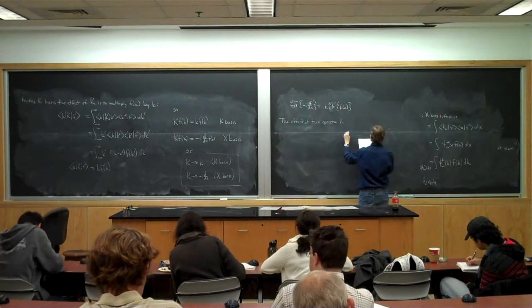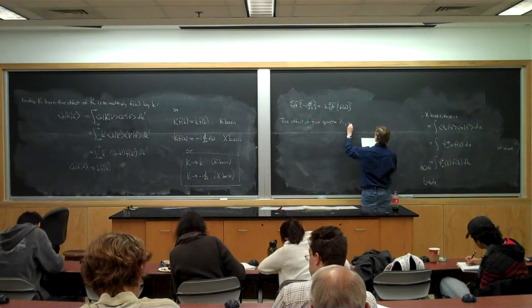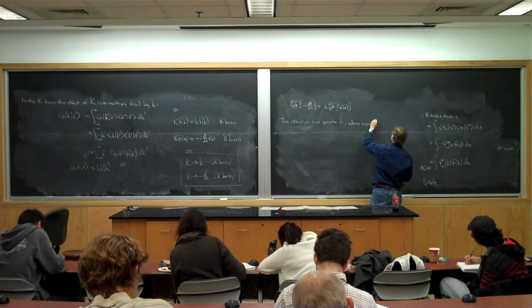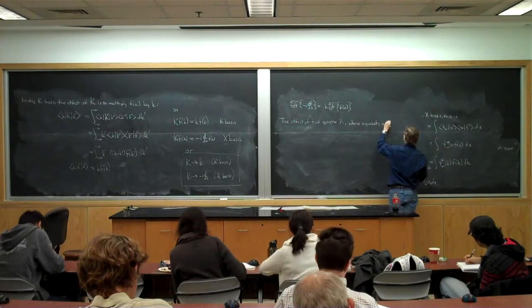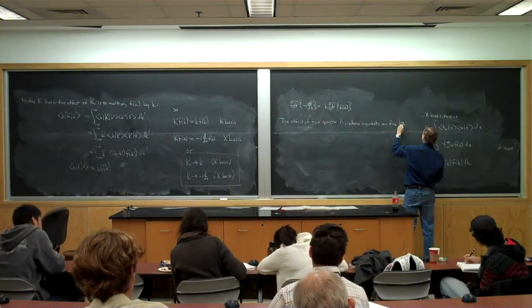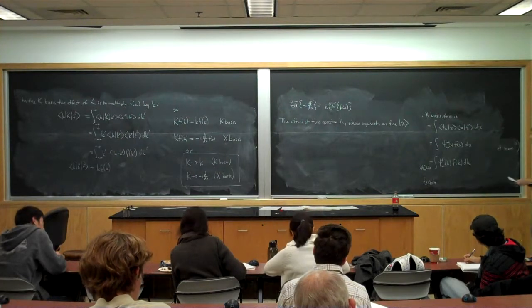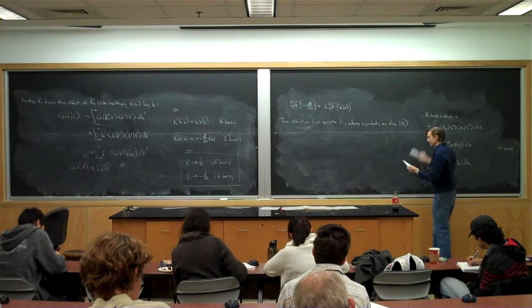The effect of the operator x, whose eigenkets are the kets x like that. So we're labeling the ket with the eigenvalue little x.